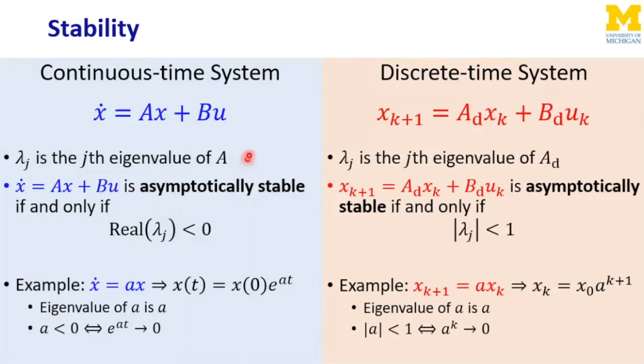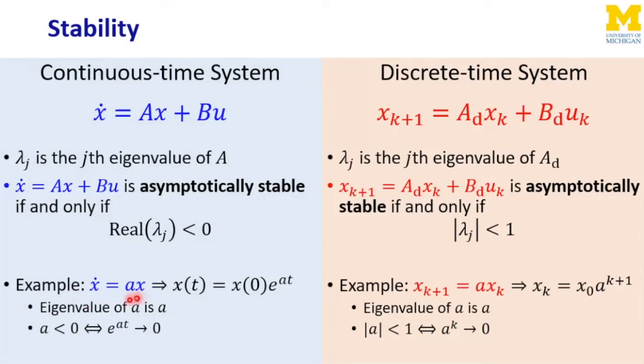In linear systems, you must have seen that for the linear system x dot equals Ax plus Bu, where lambda j is the jth eigenvalue of A, the linear system is asymptotically stable if and only if the real part of each eigenvalue is less than 0. You can see this in a simple example, x dot equals ax.